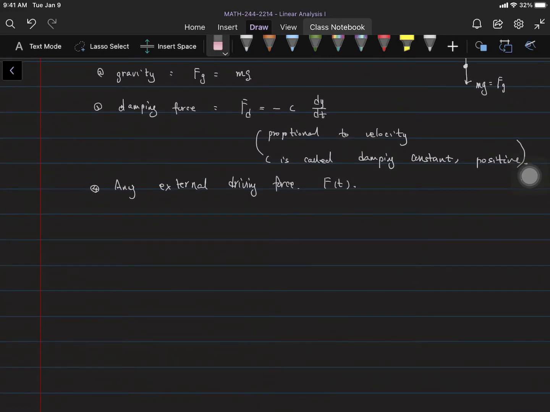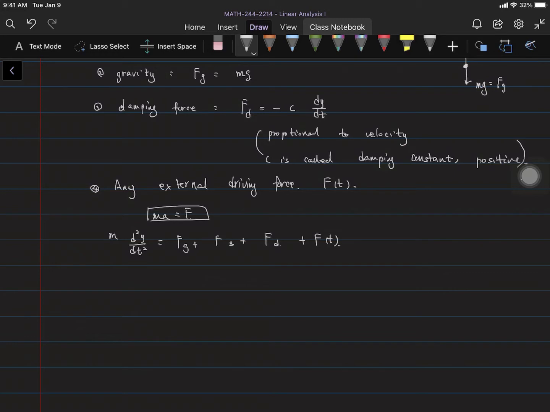So what is Newton's second law? That means ma equals F, right? Here a is the second derivative of the position, the acceleration. We learned this in calculus 1. And ma equals the total force, so we add Fg, Fs, the damping force, and also the external force.